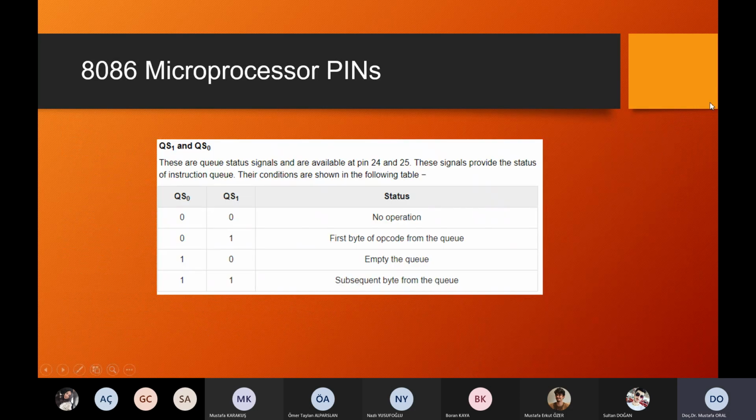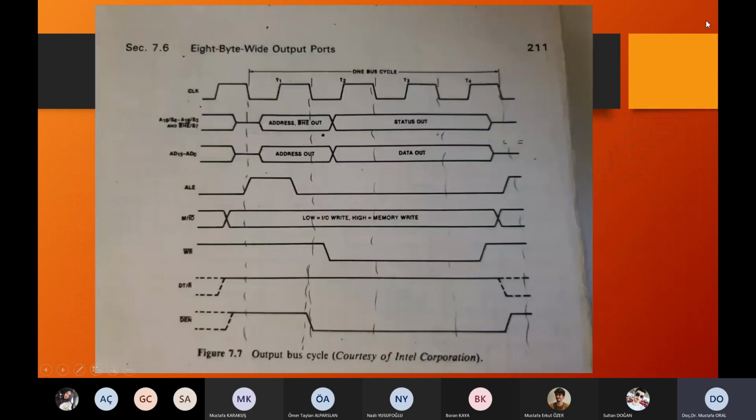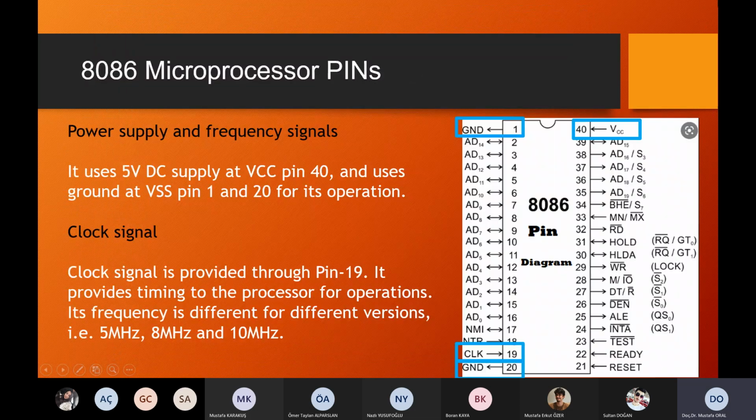Okay. Let's go back one step. If you look at the pins, AD16 till AD19 and also bank high enable, plus memory IO and data transmit receive, there are signals multiplexed with the original signals.